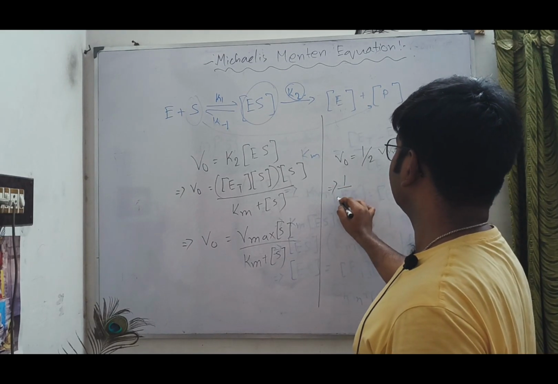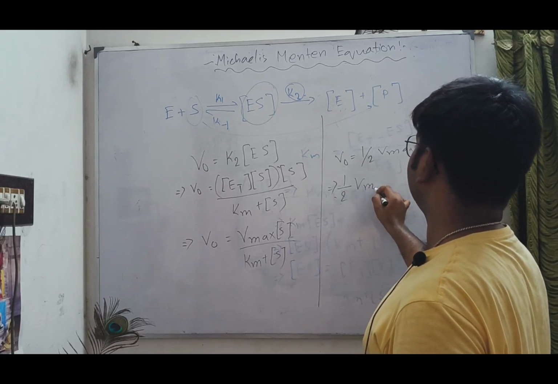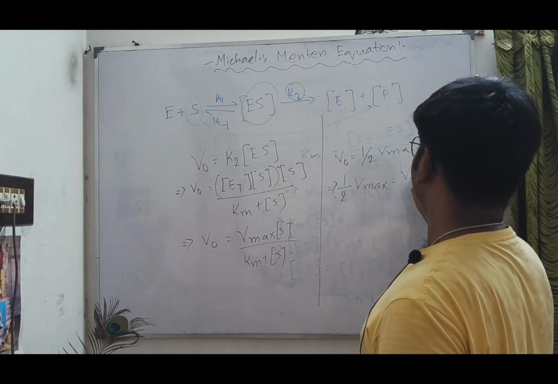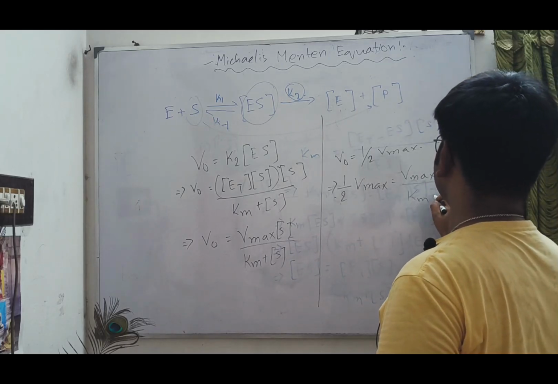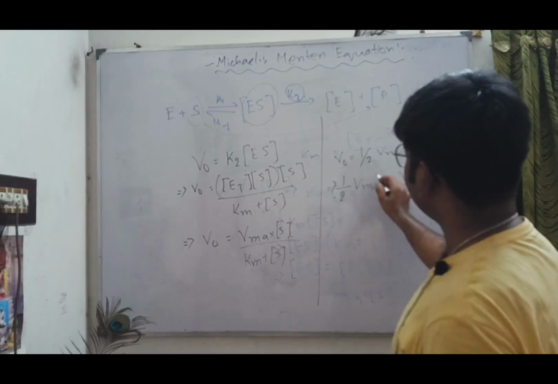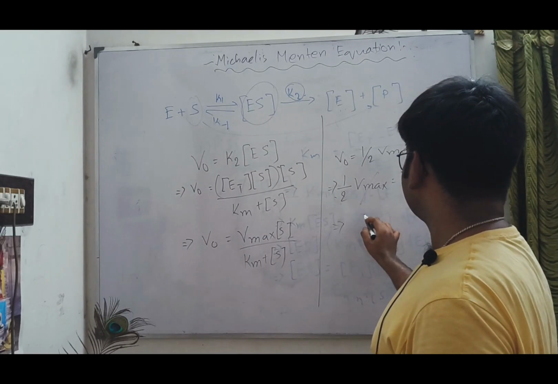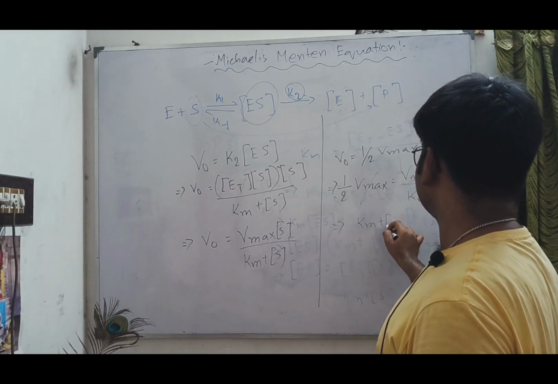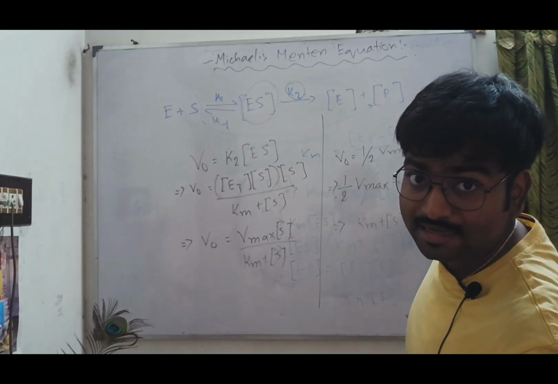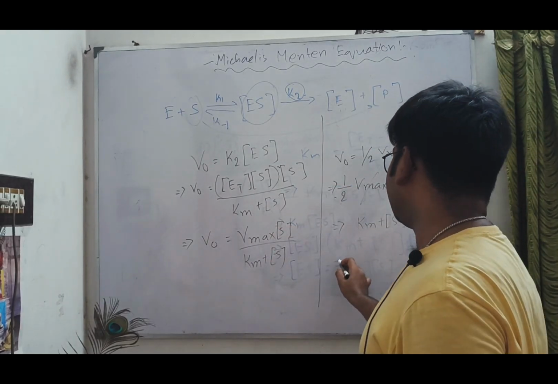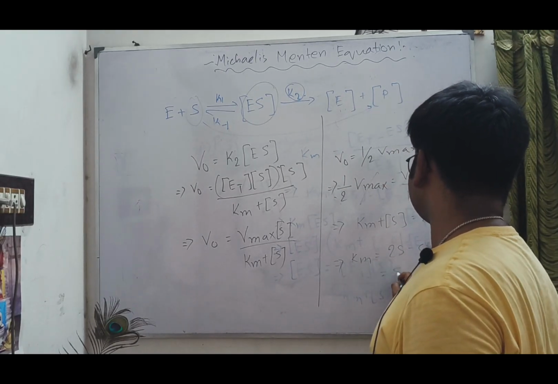Half of Vmax equals Vmax S by Km plus S. Yes or no? Now Vmax cancels. Now I get Km plus S equals 2S. That 2 goes to that side, basic math, and we can say Km equals 2S minus S, equals S.